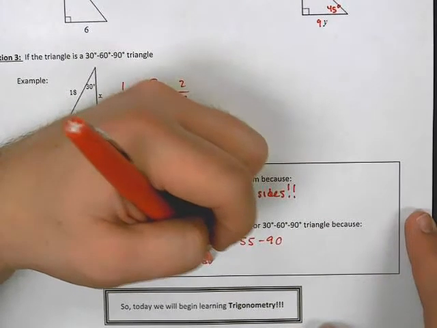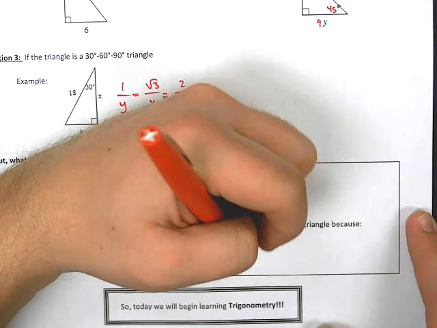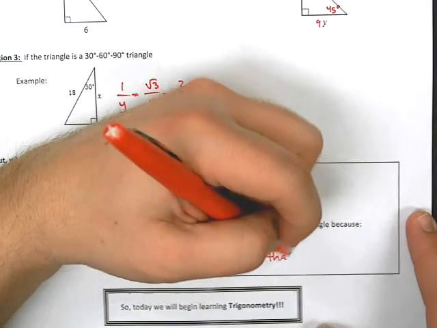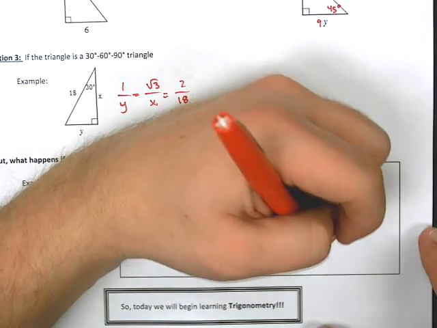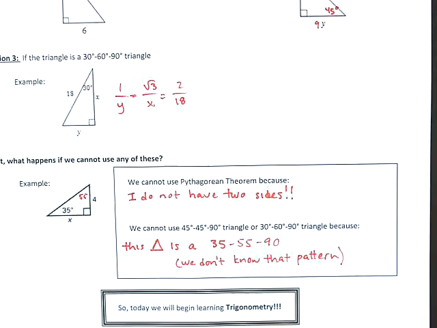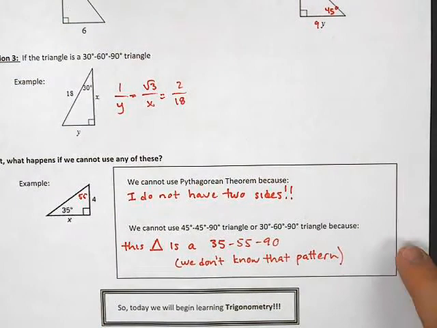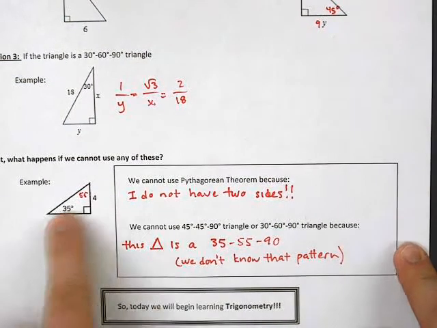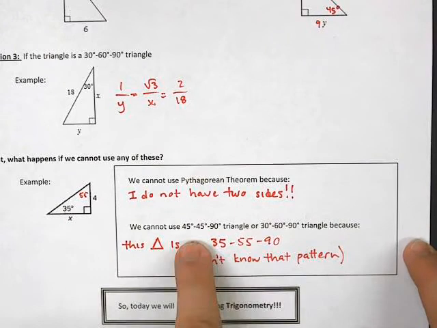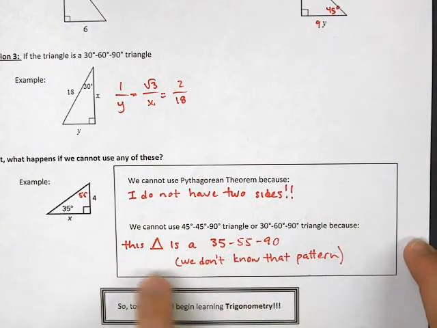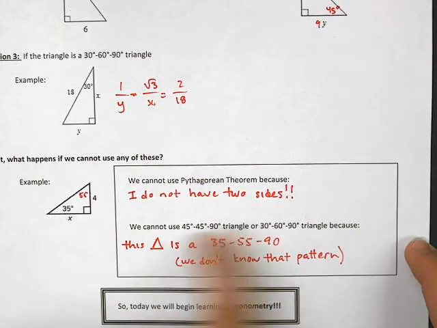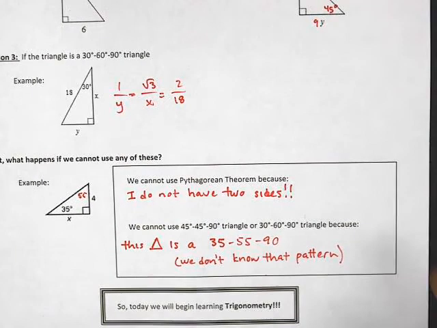We don't know that pattern, okay? So yeah, we can't use the Pythagorean theorem because we don't have two sides. We can't use 45, 90s or 30, 60, 90s, well, because it's not either of those triangles. This is a brand new, different type of triangle. And so we would have to use trigonometry here to help us solve.